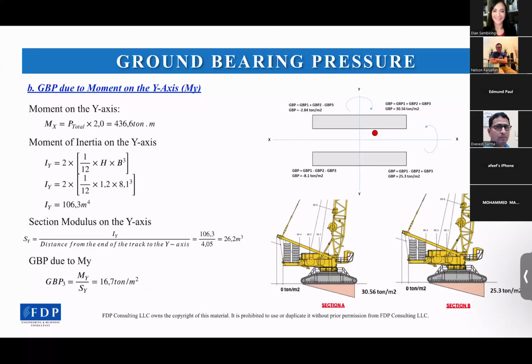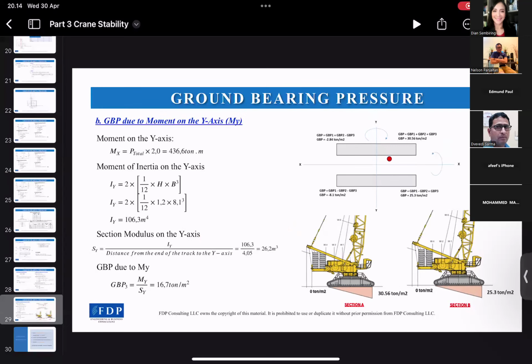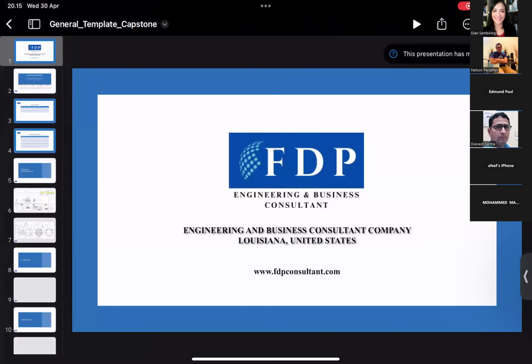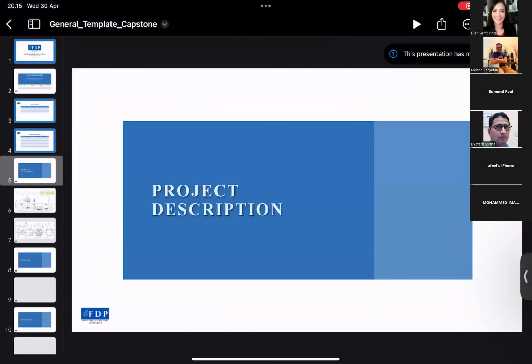Okay, so the topic is already finished, so I will continue with the Capstone project. As I mentioned before, this capstone project is a real project. It doesn't need to be perfect.